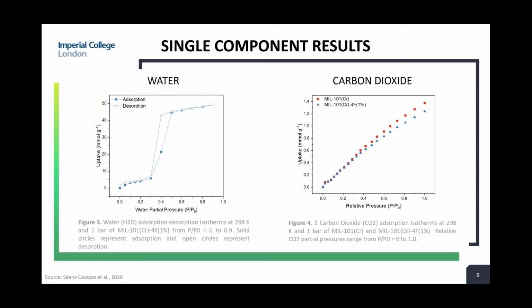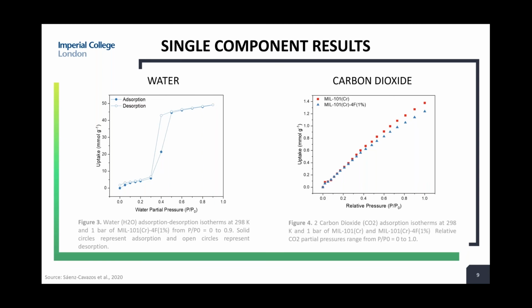Figure 4 shows then the results for CO2. Those are the isotherms for both materials. As you can see, the uptake is quite similar up to partial pressures of 0.6. But at higher partial pressures, the pristine material shows a slightly higher CO2 uptake, and this can be attributed to the lower pore volume of the fluorinated material compared to the normal MIL 101.